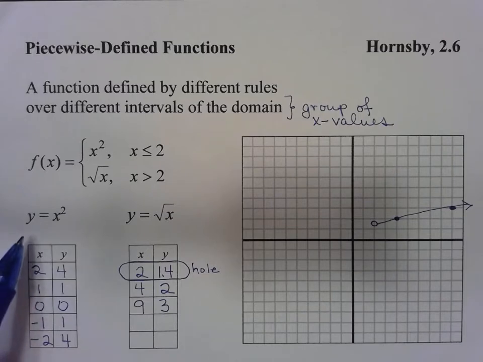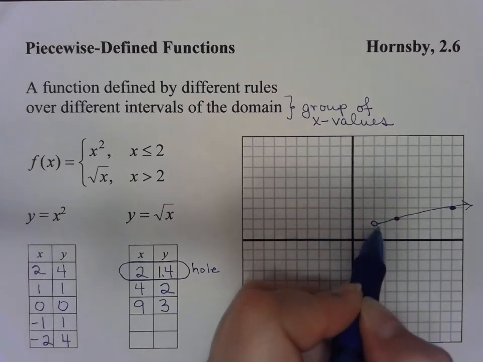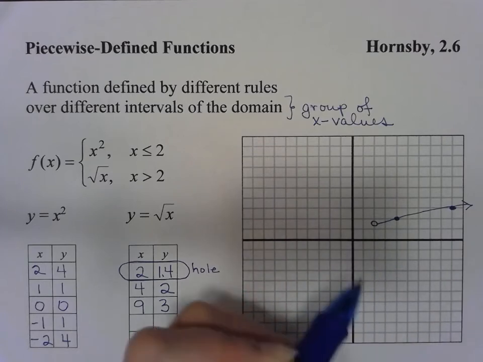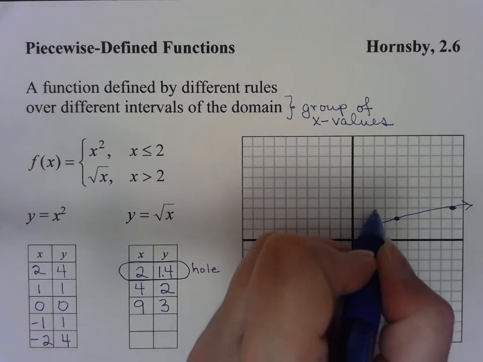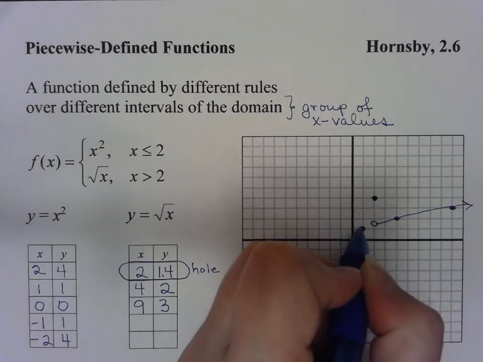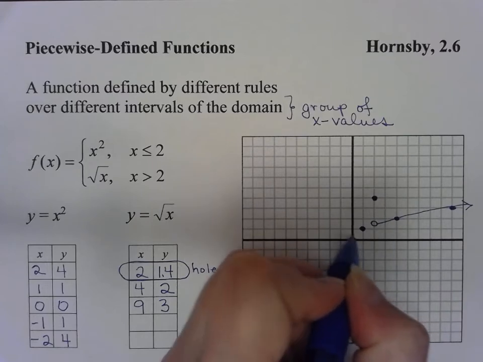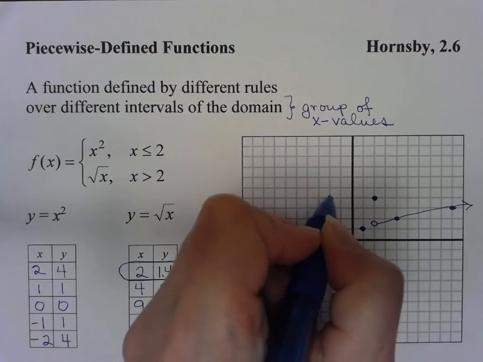All right, so let's go ahead and graph this one. We know it's a parabola. And again, it's not the whole parabola, it's just a piece of the parabola. We're making a cut right here at x equals 2 and gluing these two pieces together. So we have (2, 4), (1, 1), (0, 0), (-1, 1), and (-2, 4).